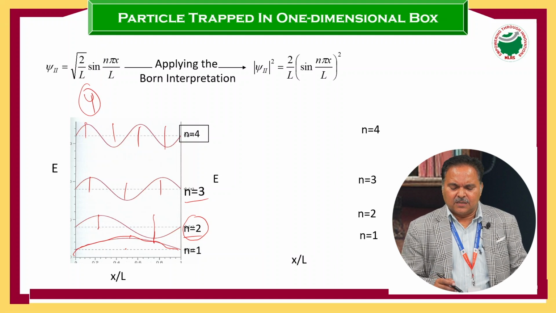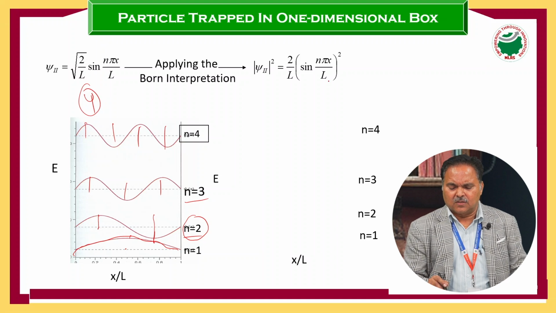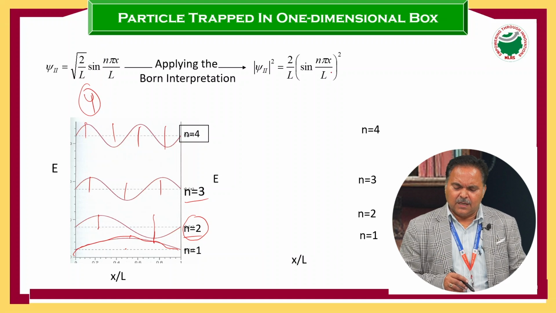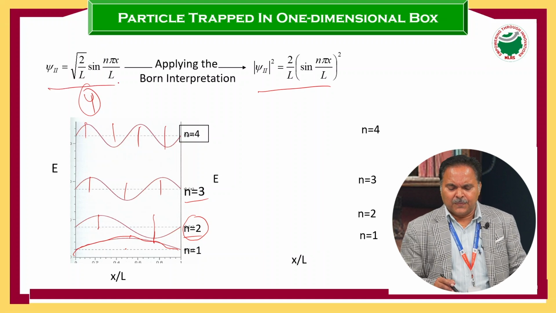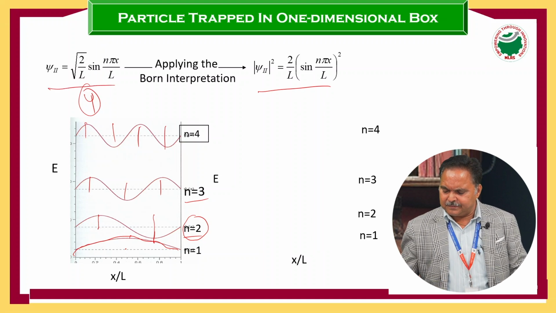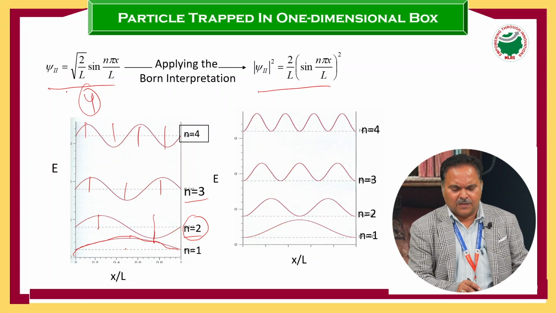Born's interpretation is psi into psi star, the complex conjugate, that is psi into psi star. It becomes 2 by L into sin n pi x by L, the whole squared. You have to remember this equation and this equation, and write them this way. The first one is psi, that is this equation.